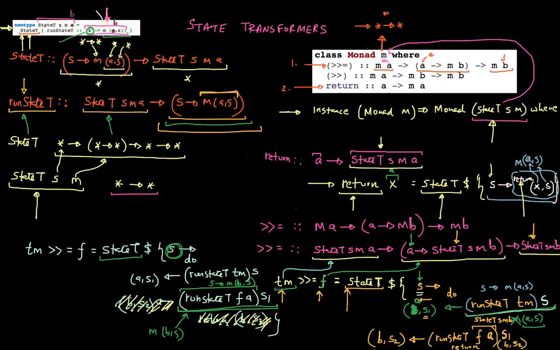So again, it's the same thing. I just stripped out this yellow piece of the code, which was redundant. It wasn't required, and I can just say runStateT on f of a, and then pass in the state variable s1, because this entire piece generates back to you some value of this type, a monadic value.